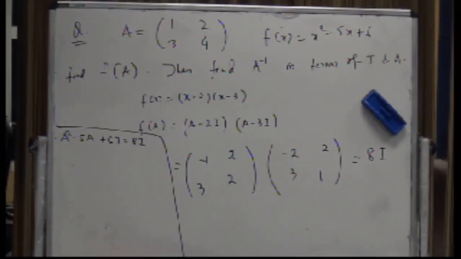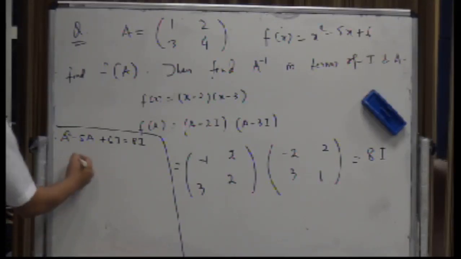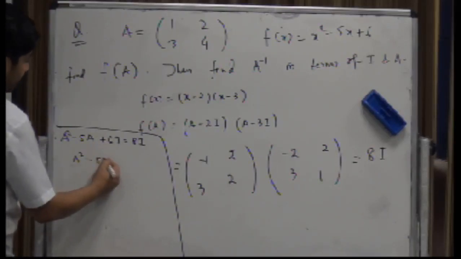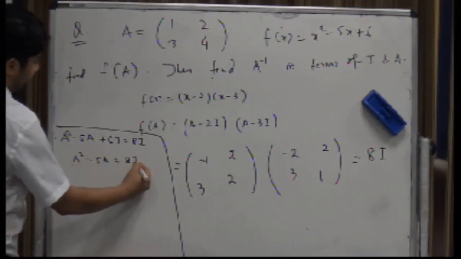Right, this is the equation we got, and using this equation we are going to derive A inverse. So I'm going to write this as A square minus 5A is equal to 2I.